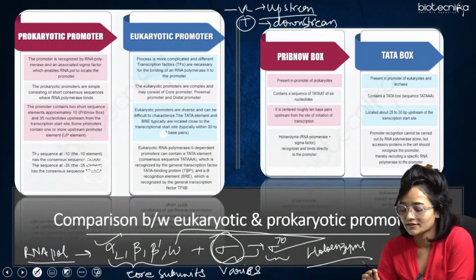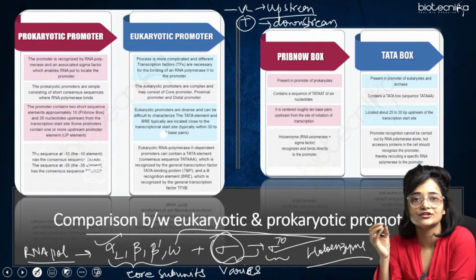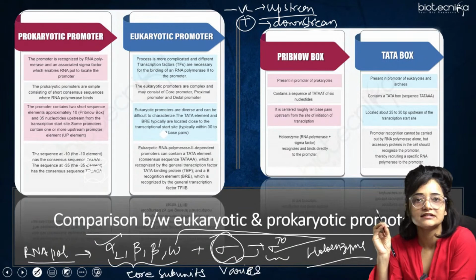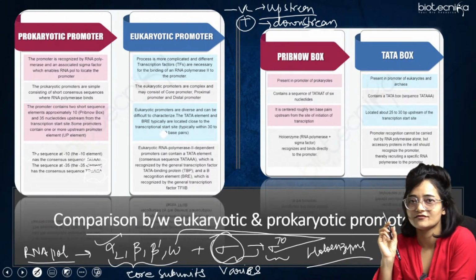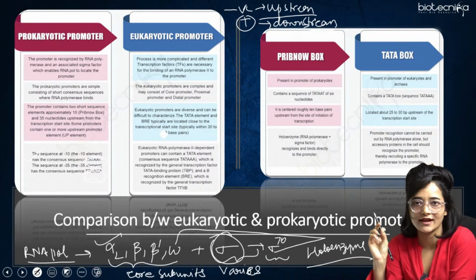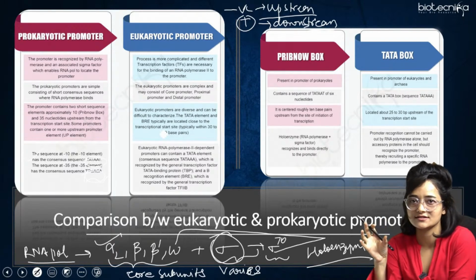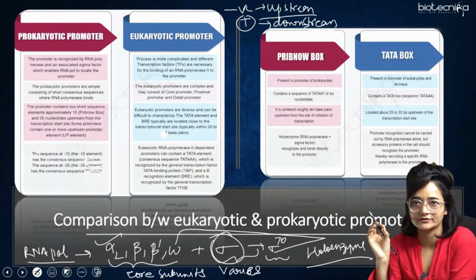Then coming to the other definition, it says that eukaryotic RNA polymerase II dependent promoters can contain a TATA element consensus sequence, which is TATAAA. The sequence is very much conserved throughout organisms, and it is recognized by the general transcription factor TATA binding protein. So TBP is very important, and it recognizes this particular consensus sequence in the TATA element, right?